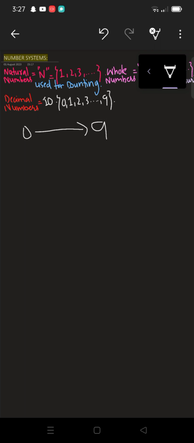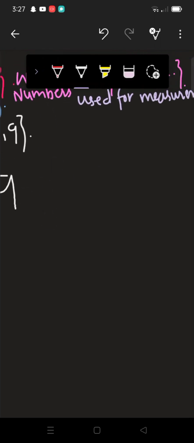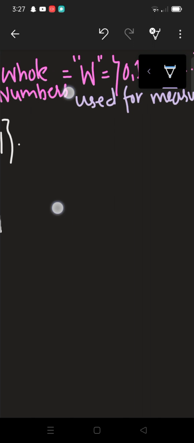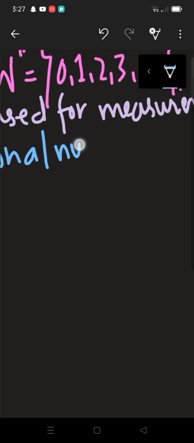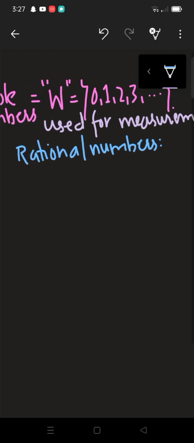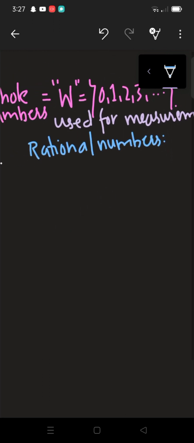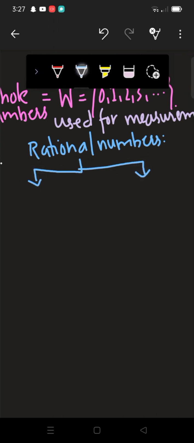Now let's go with rational and irrational number. What's the concept of rational as well as irrational number? Initially I am going with rational numbers. Rational numbers are basically terminating or recurring.